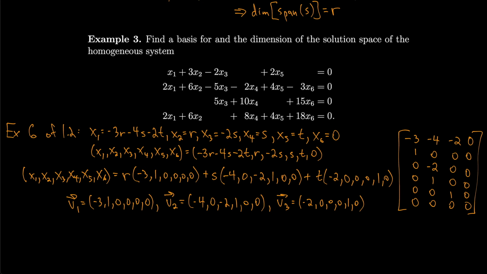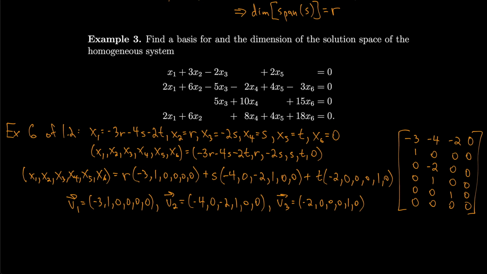So notice also that by choosing r, s, and t, we can build up any x1, x2, x3, x4, x5, x6 just by the nature of this equation right over here. That shows us that v1, v2, and v3 also span the solution space of this homogeneous system.